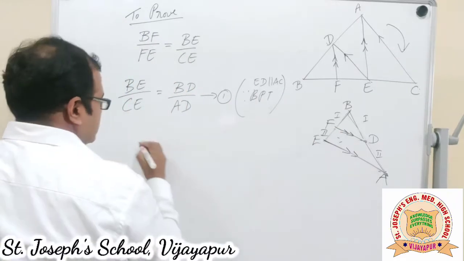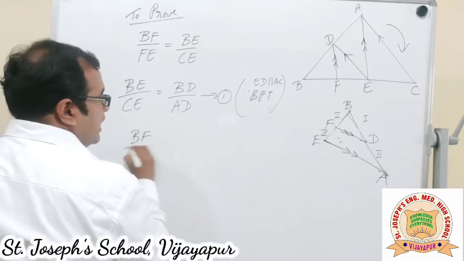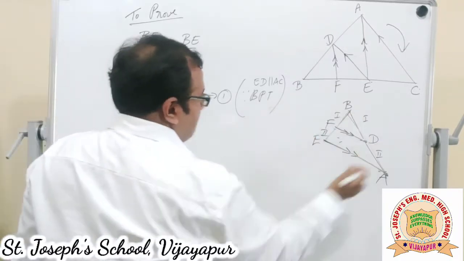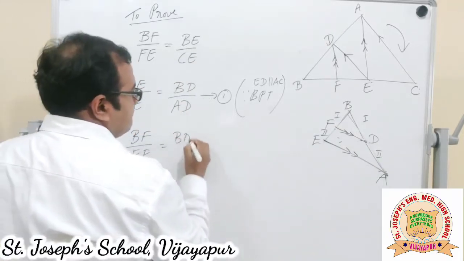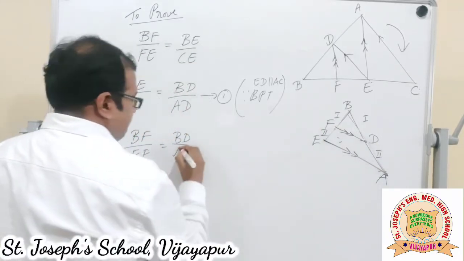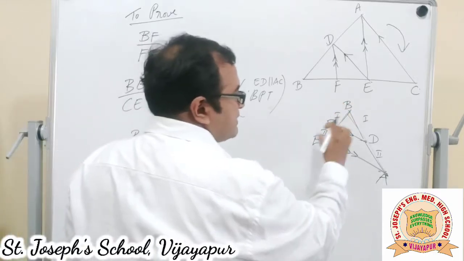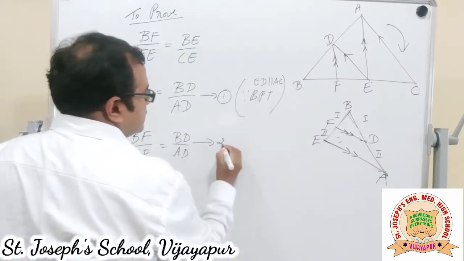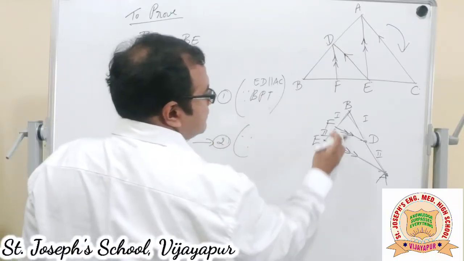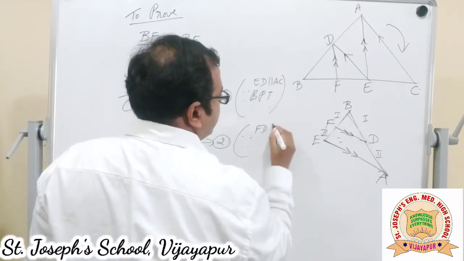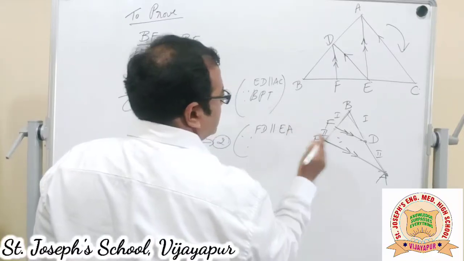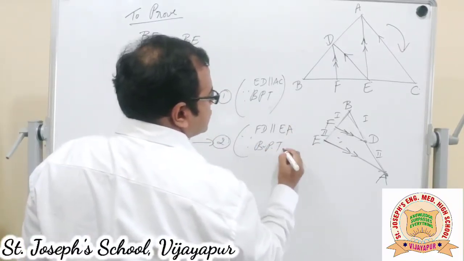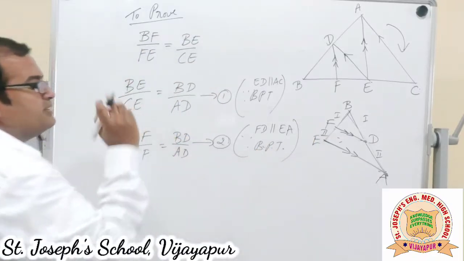Then apply BPT, that is BF upon EF is equal to BD upon AD, first part by second part. This is equation 2. Again, reason is because FD is parallel to EA and from BPT. Because of these two reasons, I can write this statement.